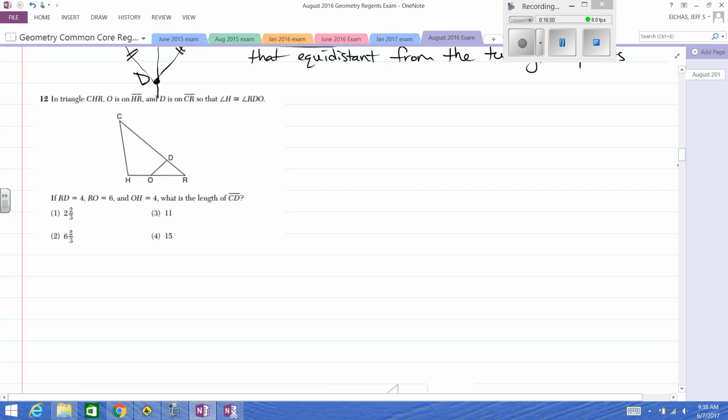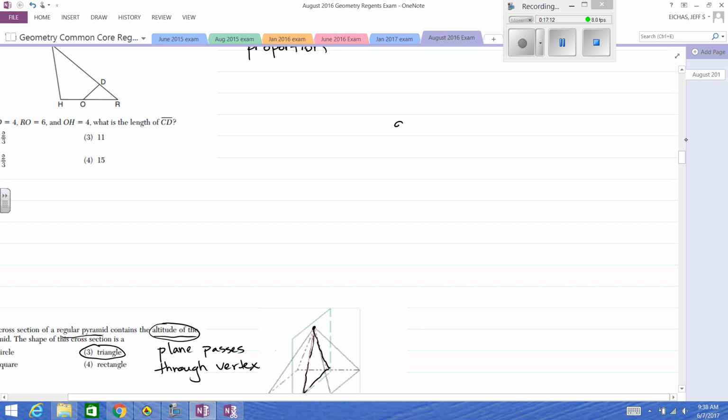All right, 12 is, okay, this is a little bit tricky. This is a similar triangles problem, and we're going to need corresponding sides proportional. But usually, oops, what happened?